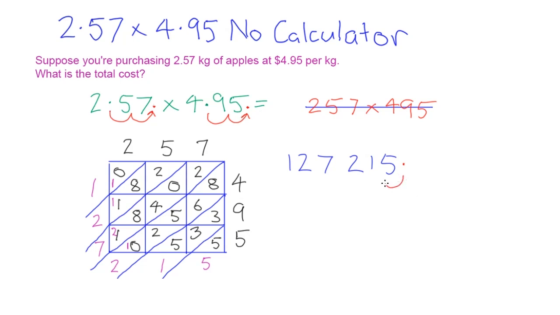The opposite way, which is the left. 1, 2, 3, 4. And the decimal ends up here. So your answer is 12.7215.